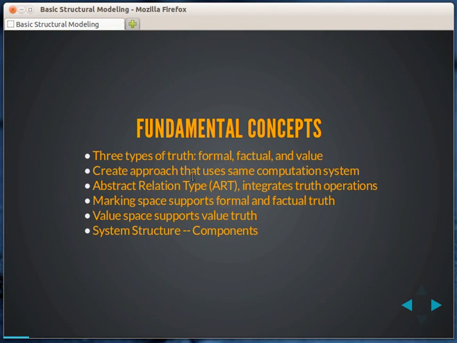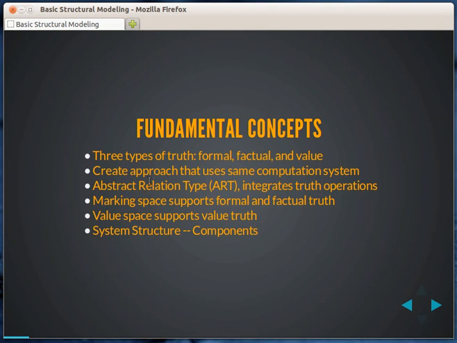We create an approach that uses the same computational system. It's basically the original algebra that Boole used, and we simply use a couple of very simple transforms within the SAGE math system to help us work with those. Then we developed an abstract relation type which integrates the truth operations.